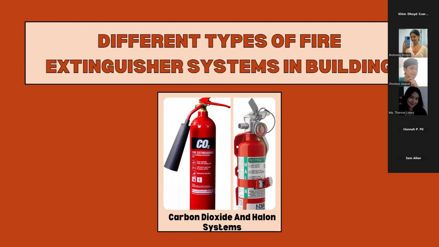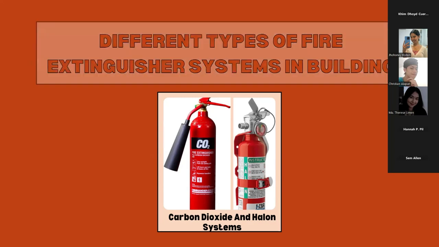Both types are commonly used in computer data centers or other areas where sensitive equipment needs to be protected from heat or smoke damage caused by fires. So those are the different types of fire extinguisher systems in building. Next reporter, please.